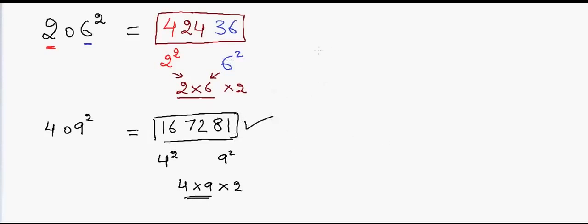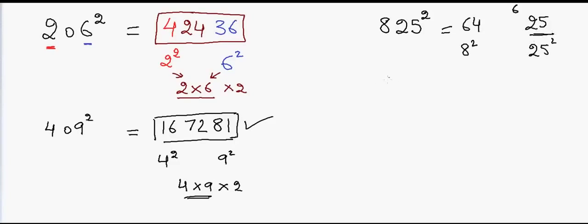Now I will give you an example of a carryover. Suppose I have 825 and I want to do a square of this number. This will be a little different, but the approach will be the same. So 8 square is 64, and then 25 square is 625, right? So we'll write 25, and then we have to carry a 6, because we can only use the two digits in the end.